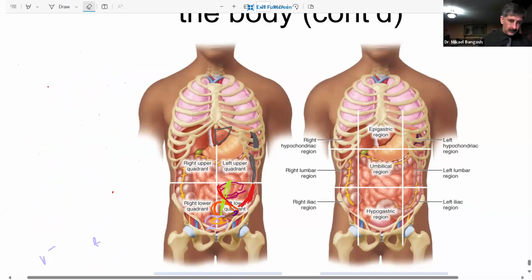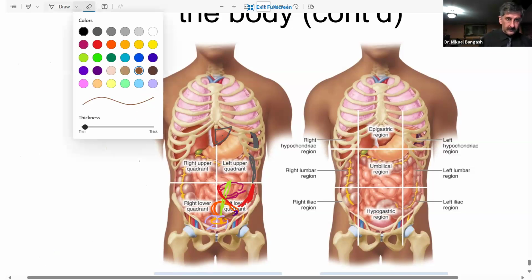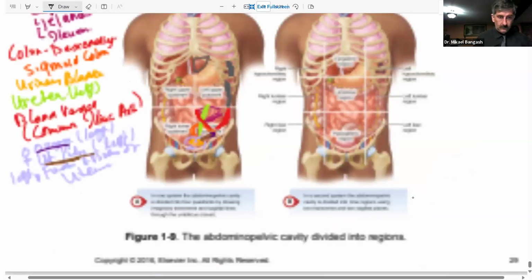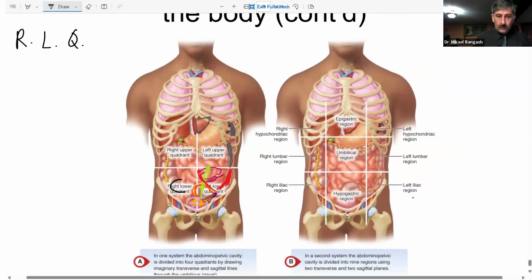Because we're just going to be left with our last quadrant, which, for instance, is going to be this one here, which will be the right lower quadrant.